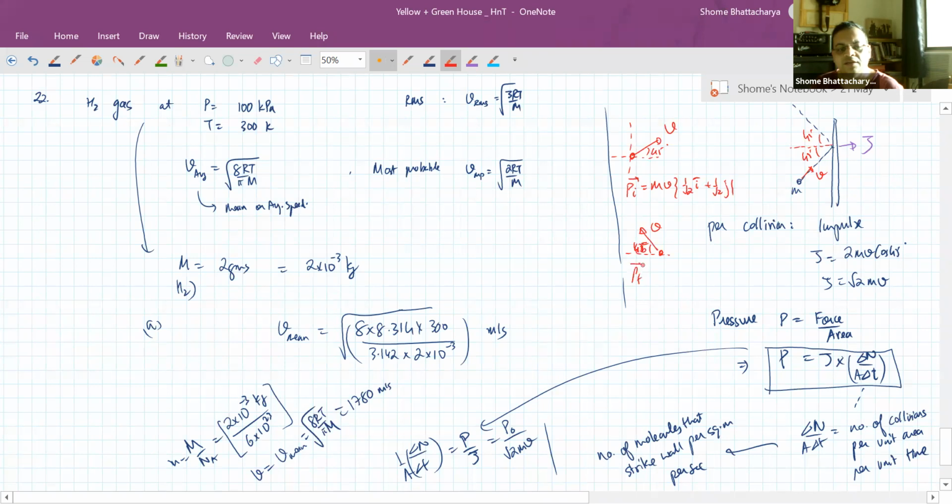So the final momentum is mv times (minus 1 by root 2 i cap plus 1 by root 2 j cap). So the impulse is equal to the change in momentum, that is final momentum minus initial momentum. When you implement this, you will get minus 2 times mv 1 by root 2 i cap. So the magnitude of the impulse will come out to be like this.